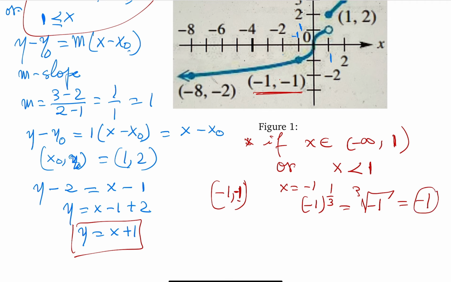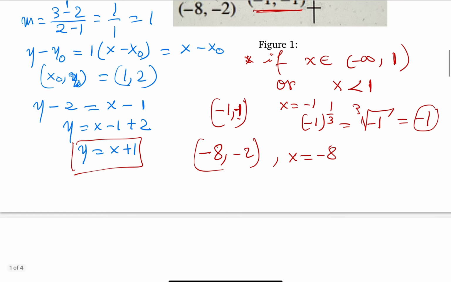Okay? Got it? Good. Now for the second one you have the point (-8, -2). If you look at this one, you have x and y. Here x is -8. So if x is -8, what do you get?